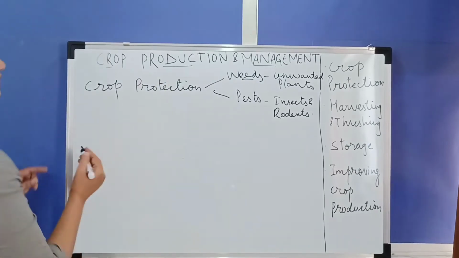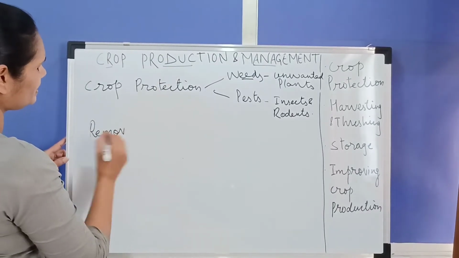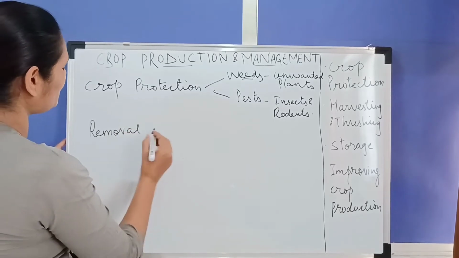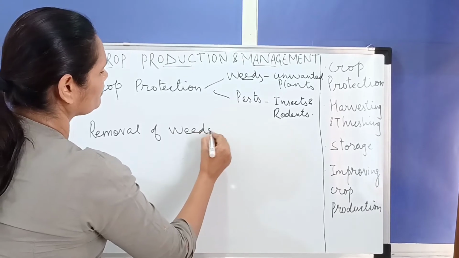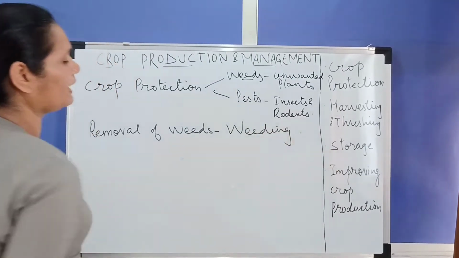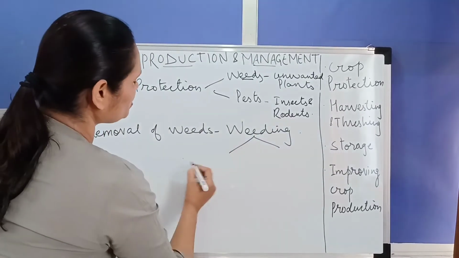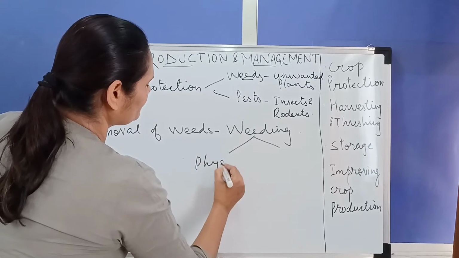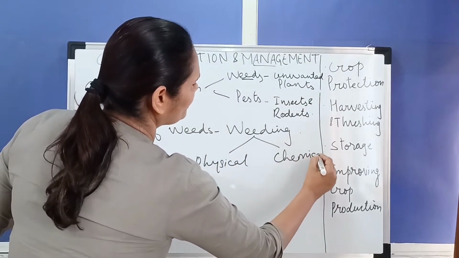First we will talk about weeds. How do we remove these weeds? The removal of weeds is called weeding, and this weeding is done using two methods: one is the physical method and the second is the chemical method.